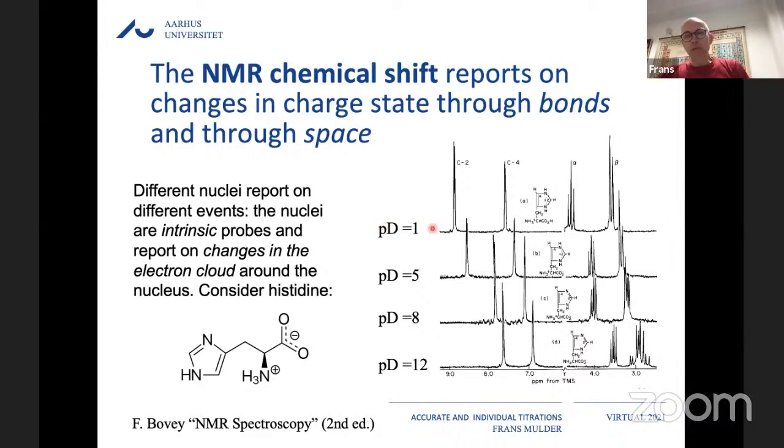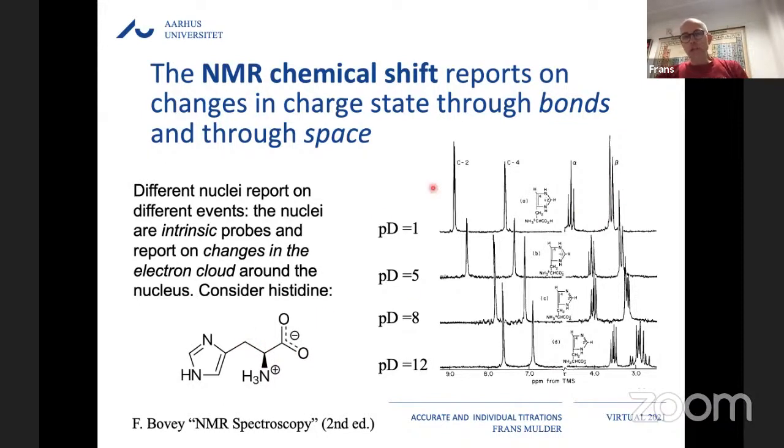In this NMR spectrum, the signals come from the 2 protons that are bound to the carbons on the side chain ring, so that's the C2 and the C4 here. Those are those 2 proton positions. And then we have the alpha hydrogen at this location and the beta hydrogens at this location in the molecule.